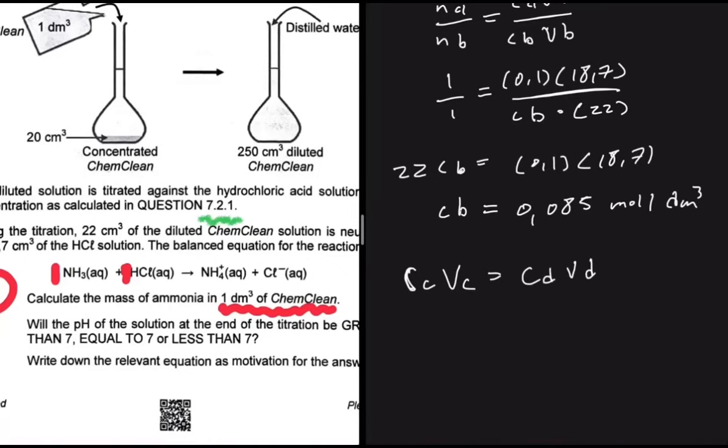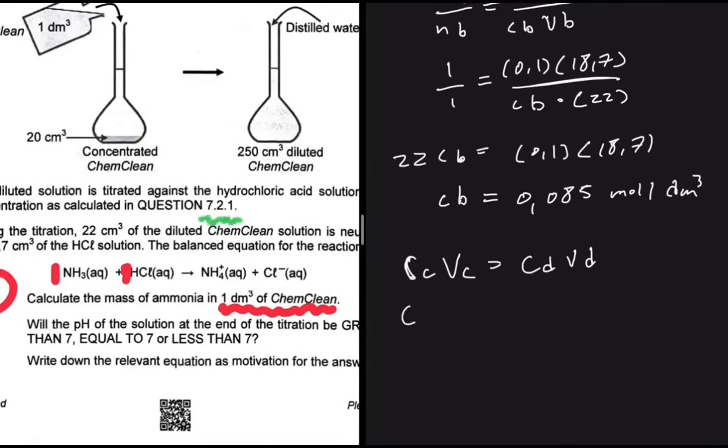So we're saying that the number of moles in our concentrated solution is the same as the number of moles in our dilute solution, right? So let's find the concentration in our concentrated solution so that we can ultimately find the number of moles and end up calculating the mass of ammonia in 1 decimeter cube of Chemiclean.